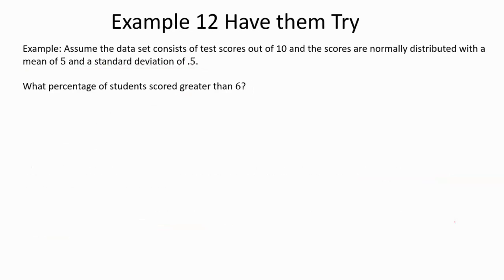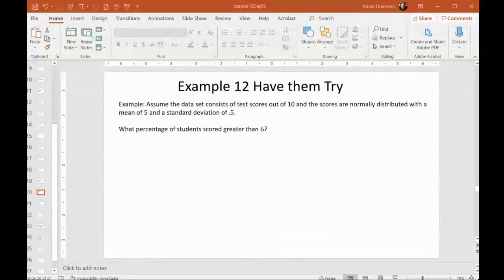Okay, that's good. This next one is one I was going to have you guys try, but I think we're kind of getting low on time. So I want to do this with you guys. So here it's a little bit similar.